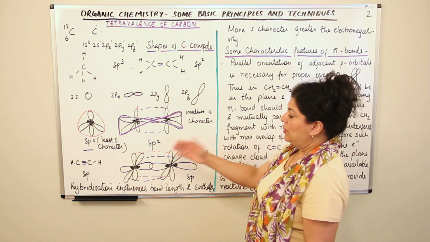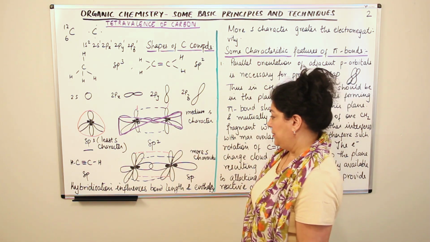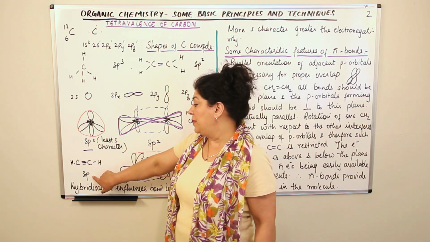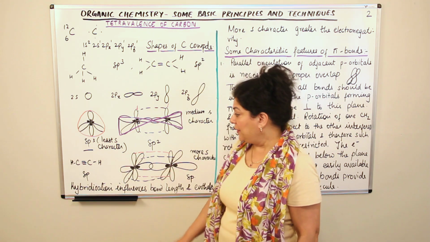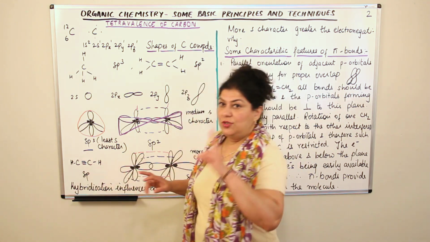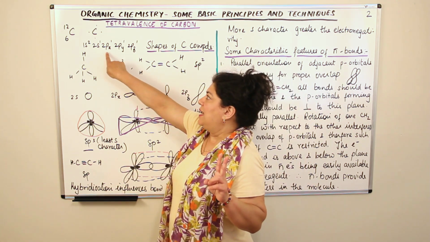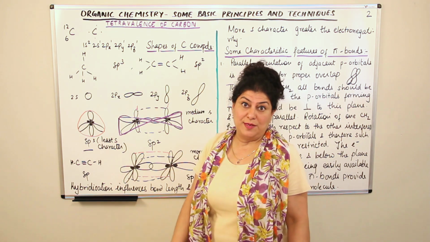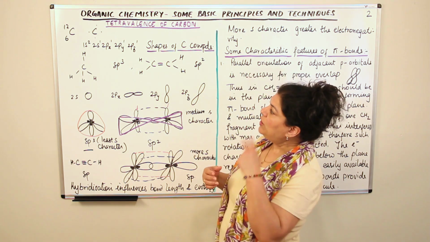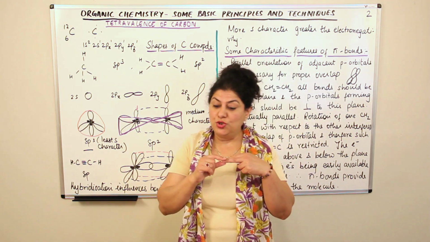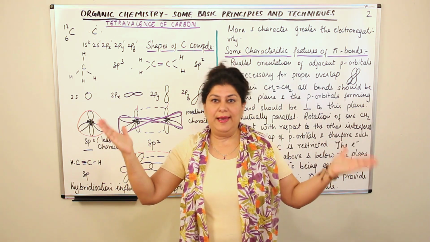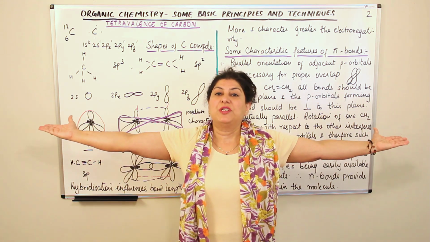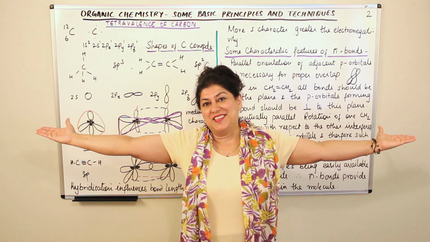So let us now come to the third, that is the sp orbital. The example of an sp hybrid carbon compound is ethyne. In this again, two orbitals, S and P, are hybridizing, and there are two unhybridized orbitals. Whenever you have only two lines, at what angle would they be at maximum distance? 180 degrees, right?